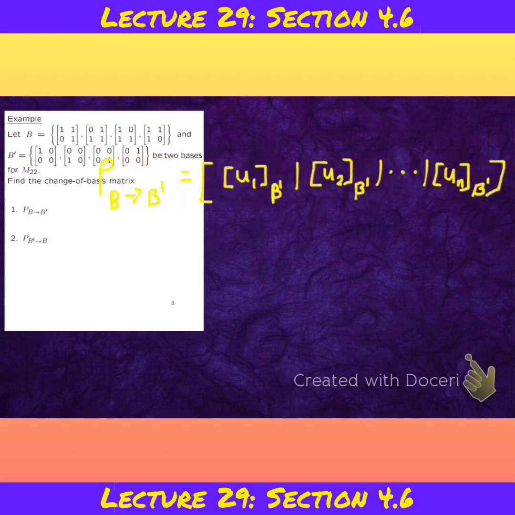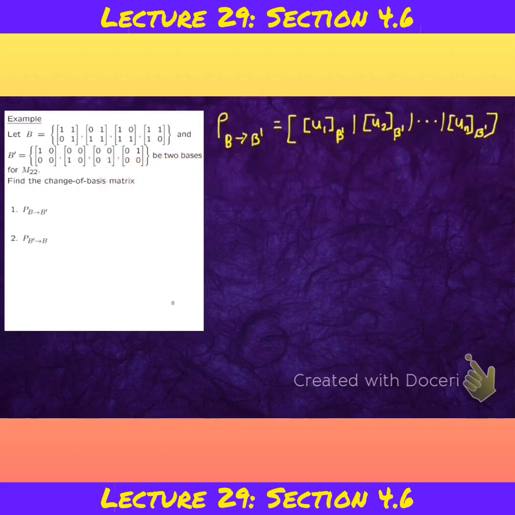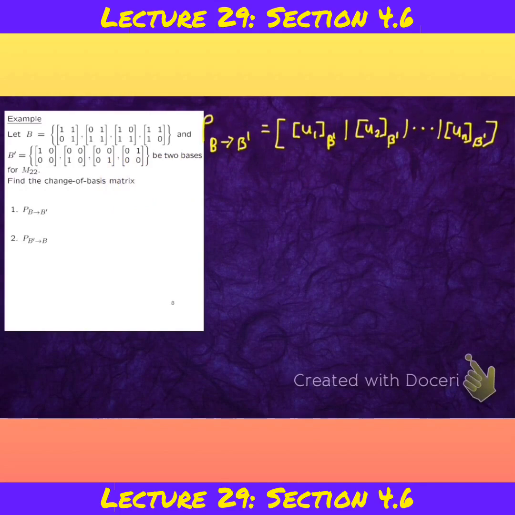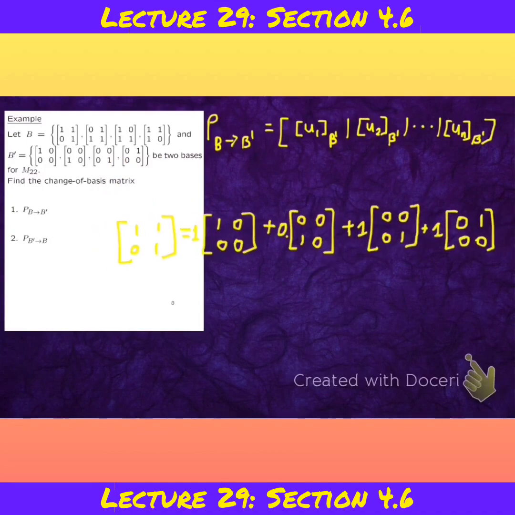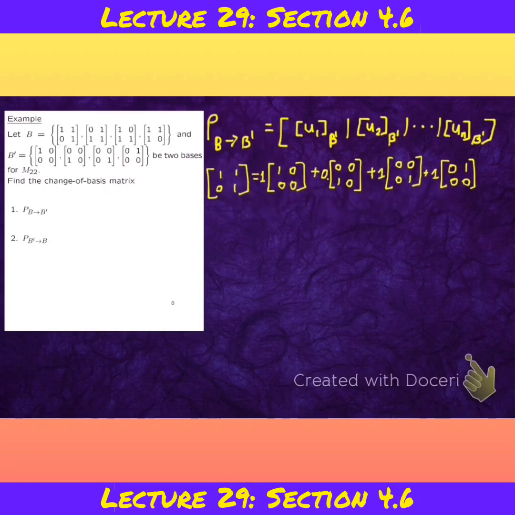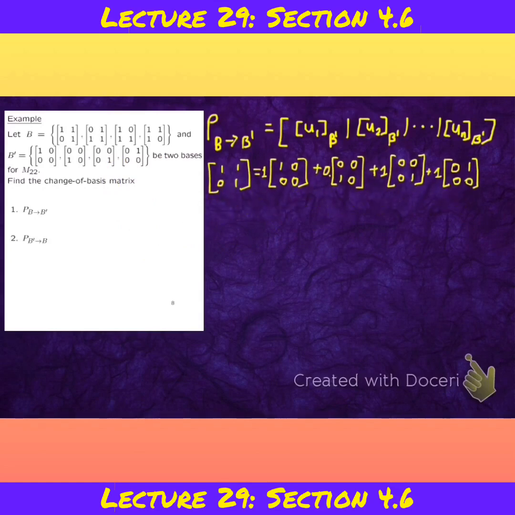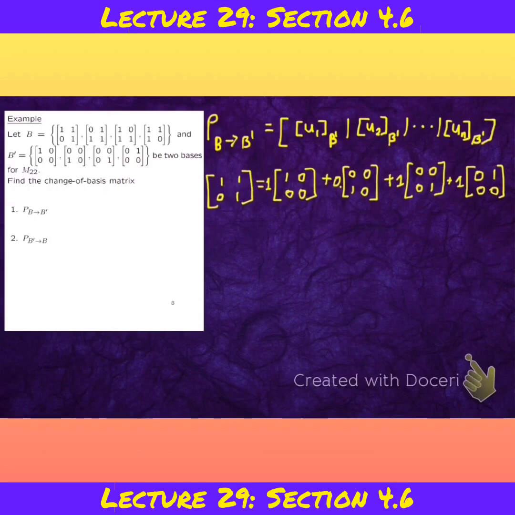Okay, so we want our change of basis matrix. We take our first vector, and we write it as a linear combination of the vectors in B prime.